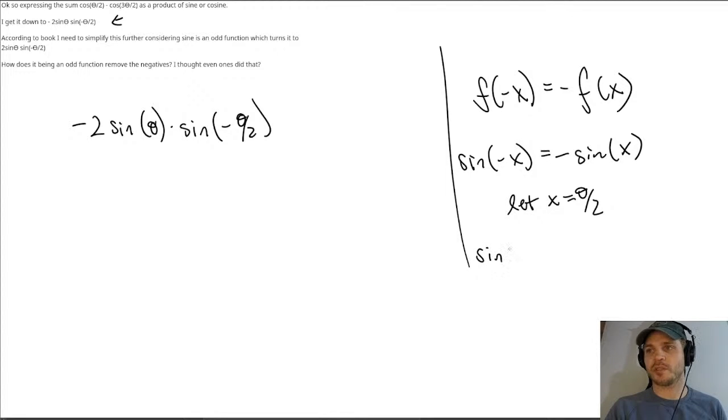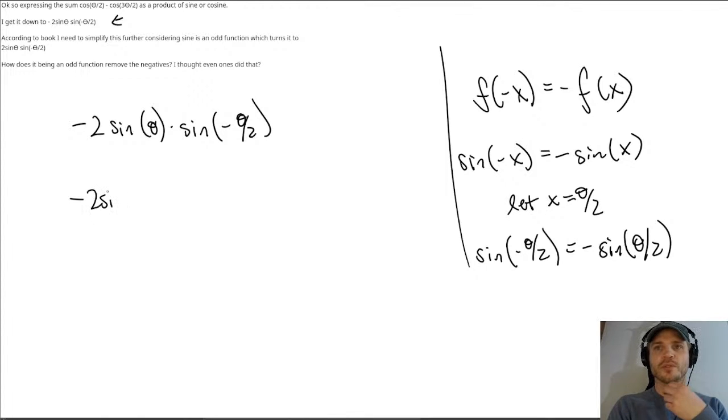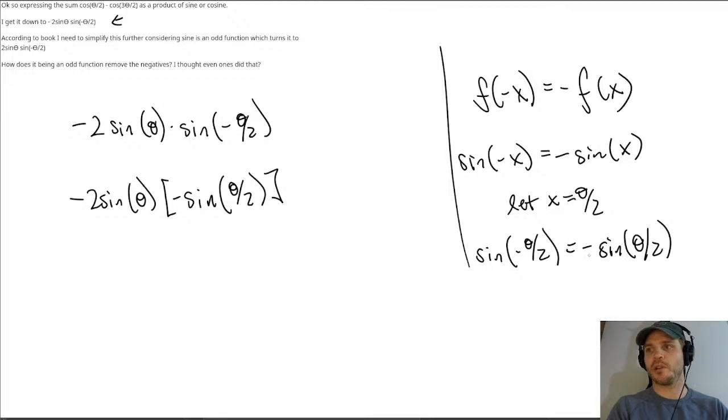Then this means sine of negative theta over 2 equals negative sine of theta over 2. So this thing is equal to negative 2 sine of theta times negative sine of theta over 2. That's by this here, and then negative times negative makes a positive.